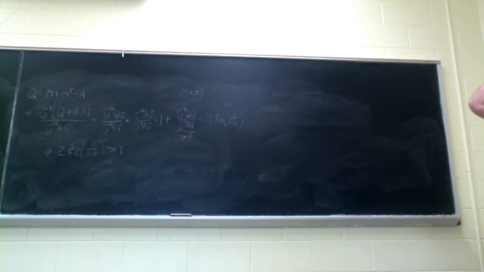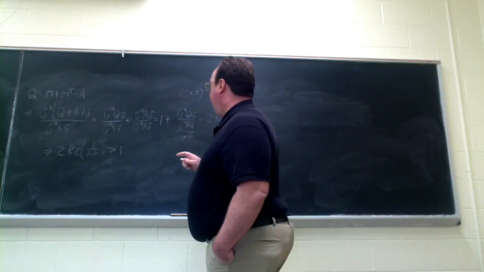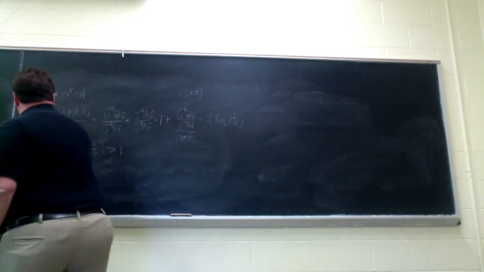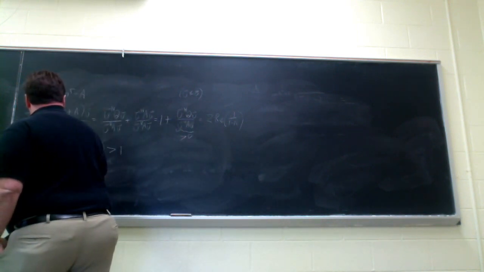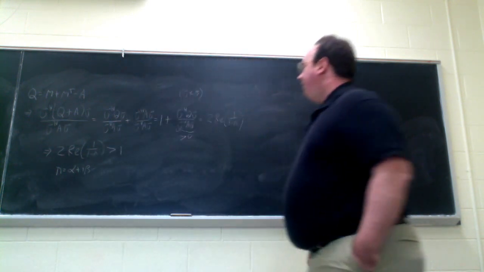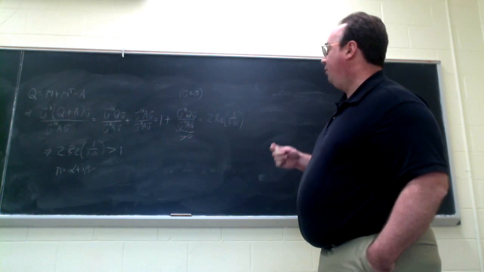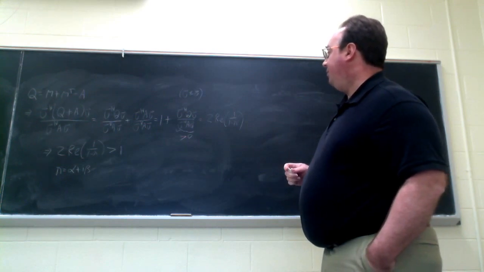Okay. Now, I'm going to write lambda as alpha plus i beta, the real and imaginary parts. So I need a nice way of expressing the real part of 1 over 1 minus lambda.